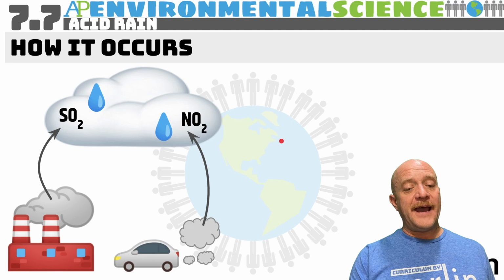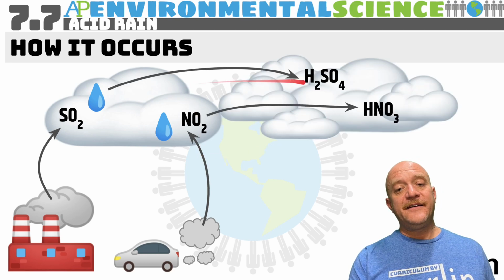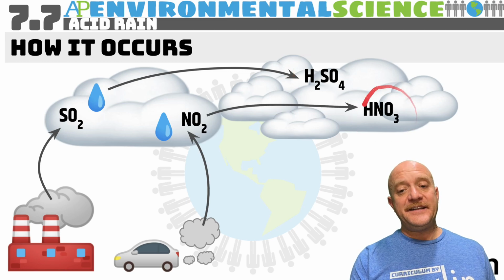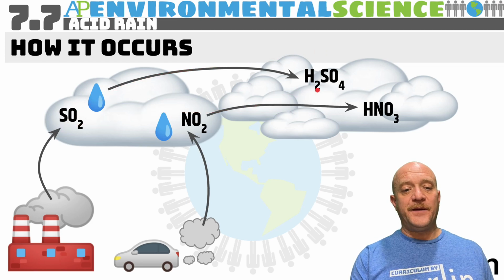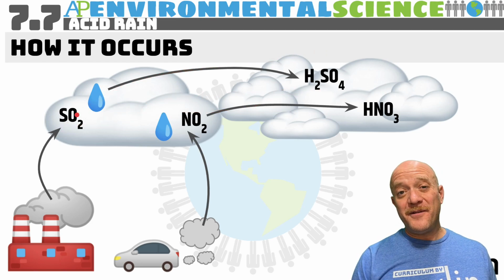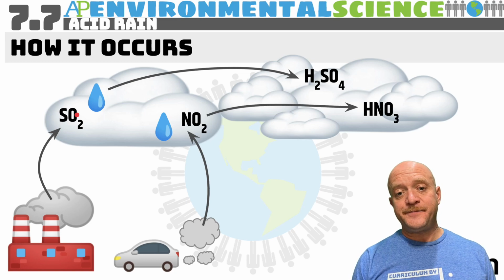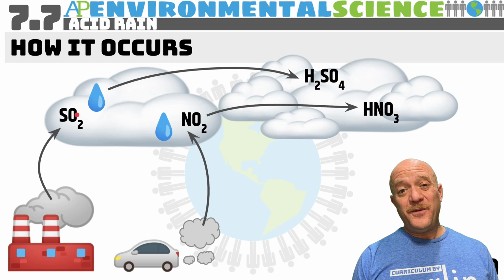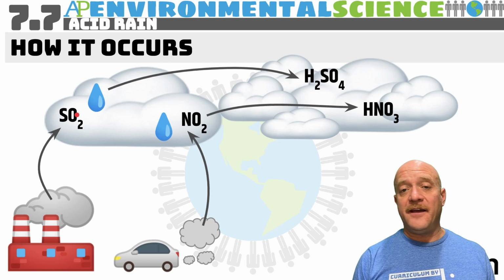Now, when that reacts with rain, you will get sulfuric acid and nitric acid. You should really commit these to memory. SO2 becomes H2SO4. If you can't remember the H2SO4, at least remember sulfuric acid and nitric acid. That might help you to earn points. There might be questions about the chemistry. I cannot guarantee that.